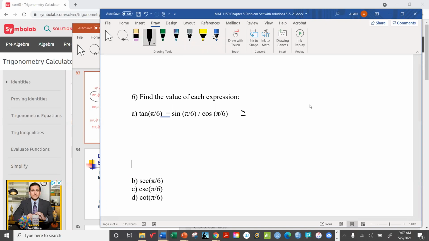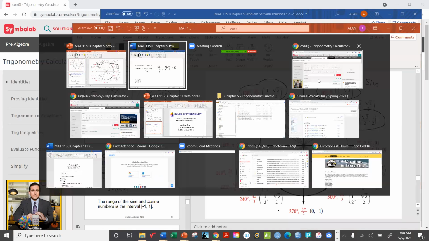So you've got radical 3 over 2 over 1/2, which is the same as radical 3 over 2 times 2 over 1. So the answer is radical 3, but it might be quicker just to go to Symbolab.